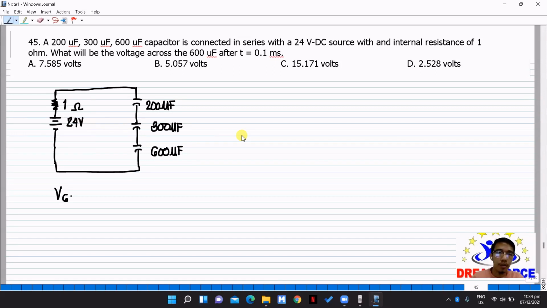Okay, so voltage, lagay ko na lang dito, V600 is unknown. So how do we calculate this one? Sa series connection ng capacitance, ano yung common kaya sa kanila? Ang common sa kanila is yung kanilang, is this the charge, Q?